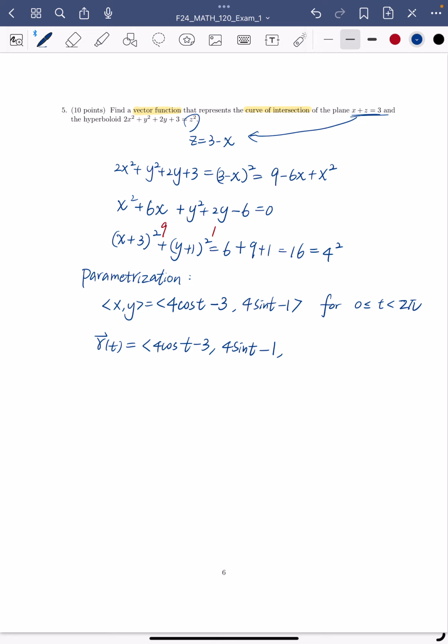And don't forget z equals 3 minus x. So we get 6 minus 4 cosine t. Also for t between 0 and 2 pi.